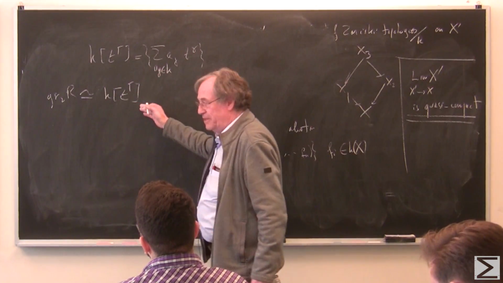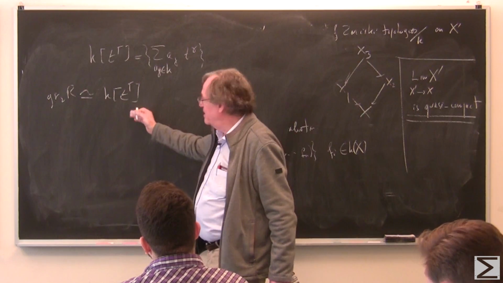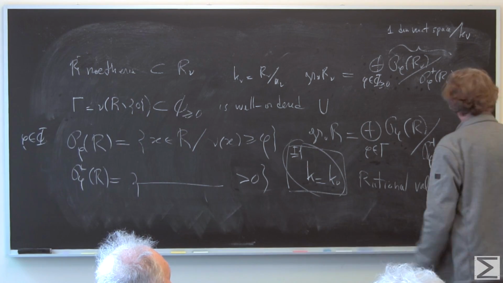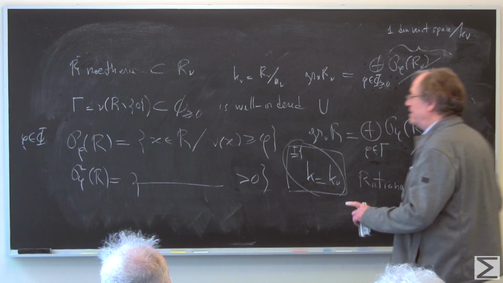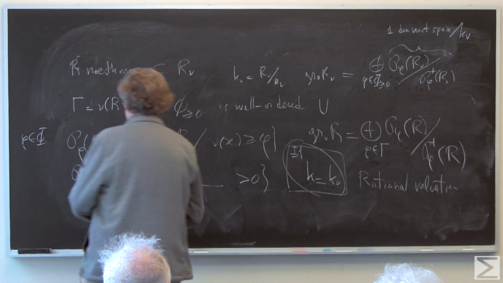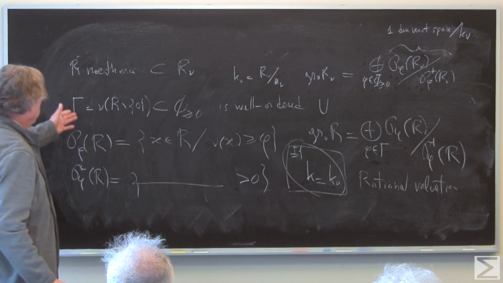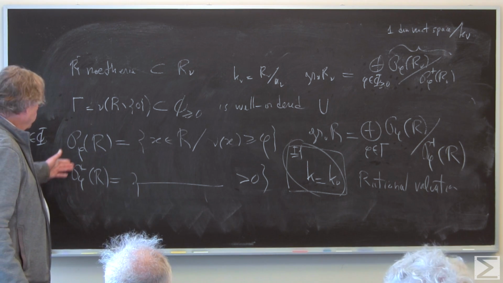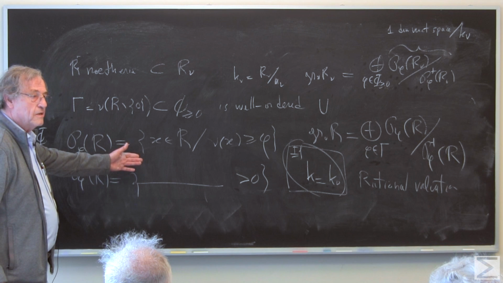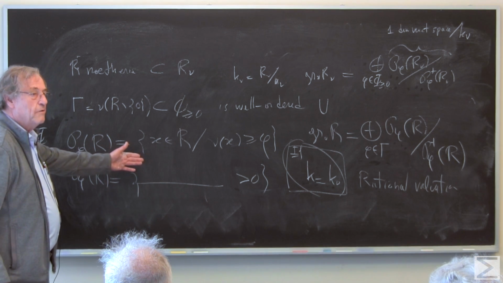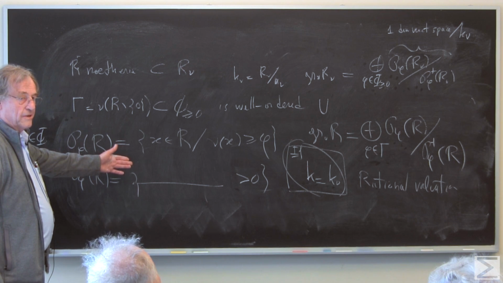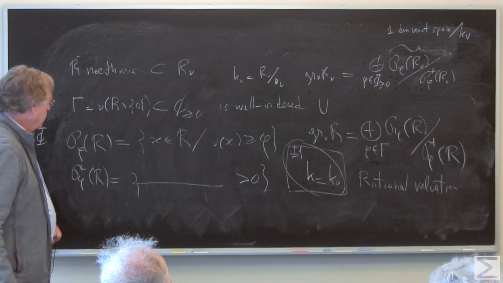And they have this nice property. And when you see this, it means that because gamma is well ordered, oh, I forgot to say, why is gamma well ordered? Well, it's very simple. If I have an infinite decreasing sequence of elements of the semigroup, I have an infinite increasing sequence of ideals in the ring. But my ring is Noetherian. So the story ends there, after finitely many steps.